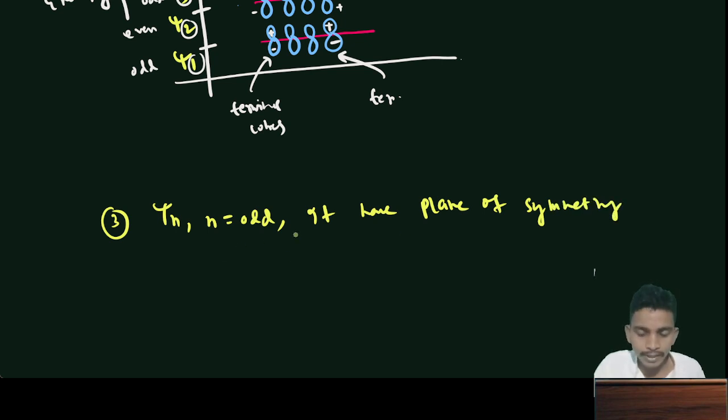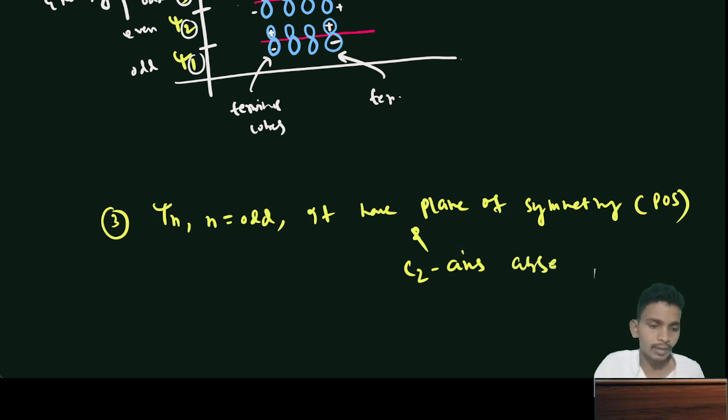So if n is odd, then it has a plane of symmetry, that is, the plane of symmetry is present. And the C2 axis will be absent, that is what it says if n is odd.